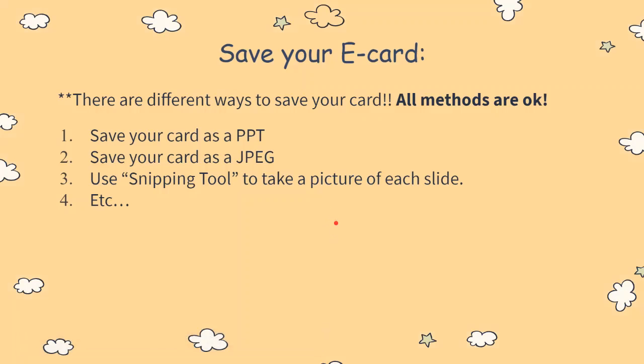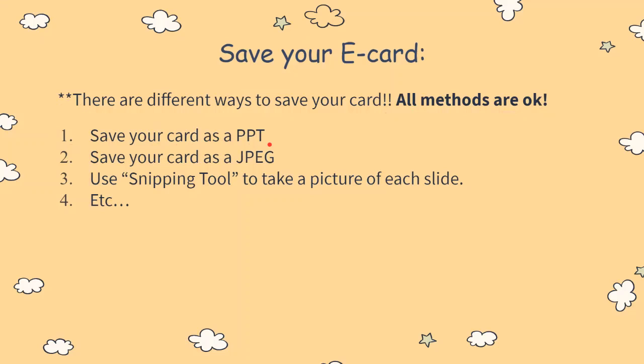Now, after you are finished making your e-card, you need to save your e-card. Very important. Now, there are different ways to save your card. All methods are okay. Here are some ways to save your card. Number 1, save your card as a PPT.